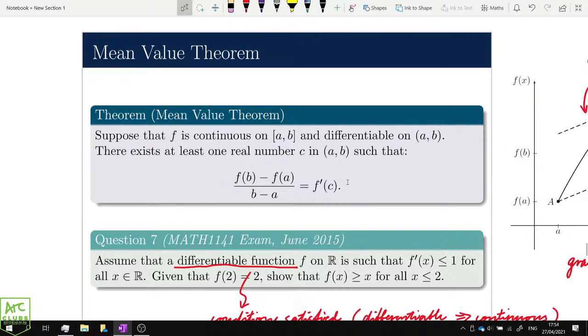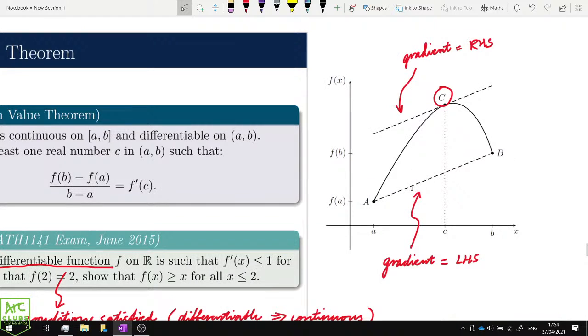This is something that can be a bit harder to understand just by looking at the text. But in case you forgot what the mean value theorem states, we can have a look at the diagram over here.